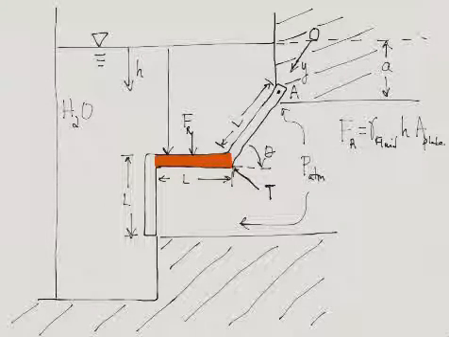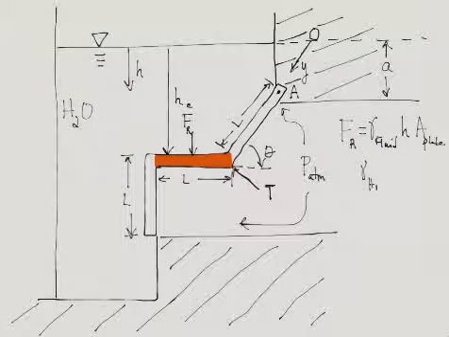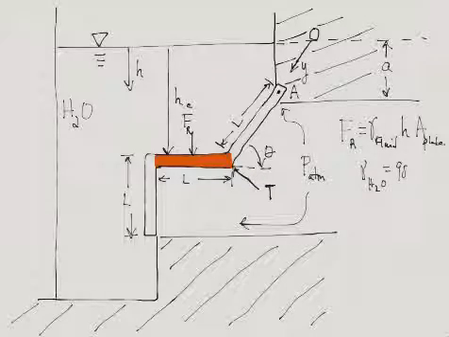So this is now going to be considered our H, and I'm not using HC, but I am going to, because it should be down to the centroid of the area as well. Even though I think we think about it a little bit differently, but still, it's going to be in the center of the plate. So we know that gamma of the fluid is just H2O, 9,800 Newtons per meter cubed. And then we have H, and I better put HC here. HC is now just going to be A, okay?